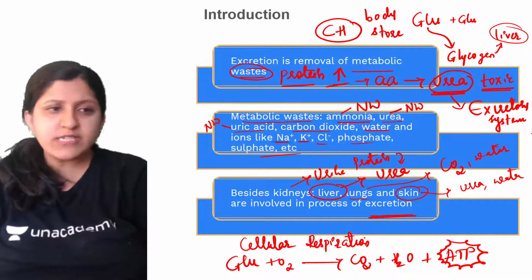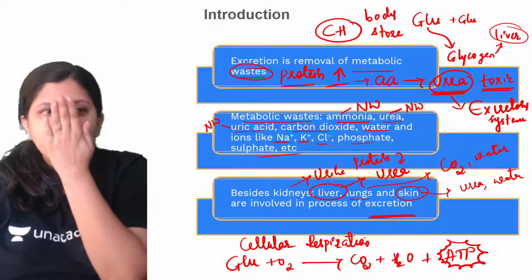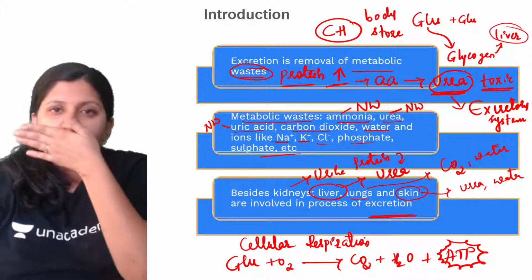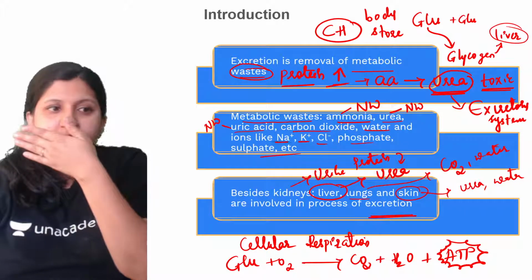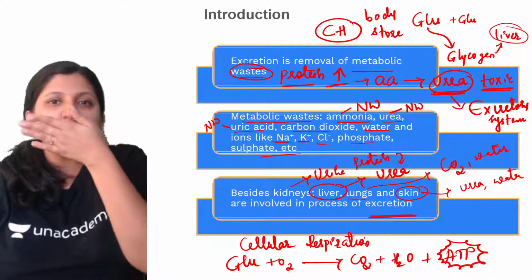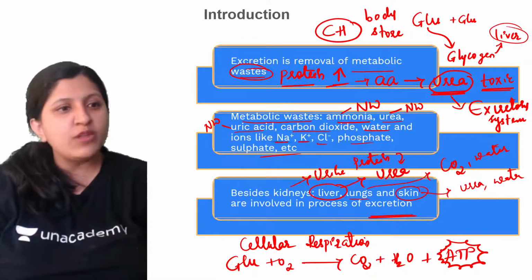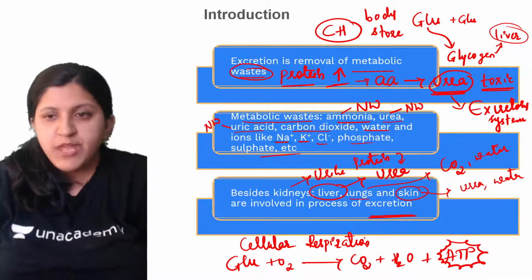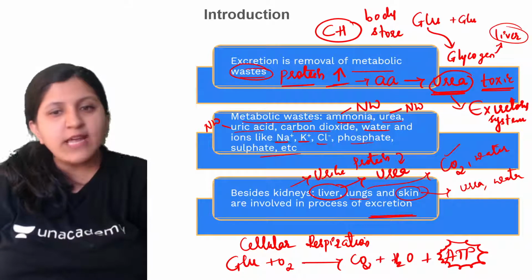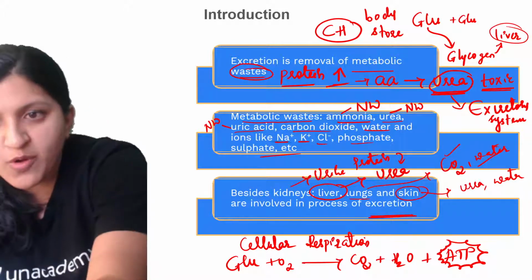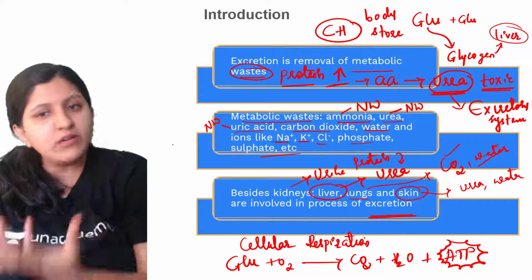You can try this: hold your hand up to your face, and when you are respiring, you can feel that there is some moisture present. This moisture is some amount of water lost in the form of water vapor. So carbon dioxide is lost, and water is also lost in the form of vapor through the lungs.